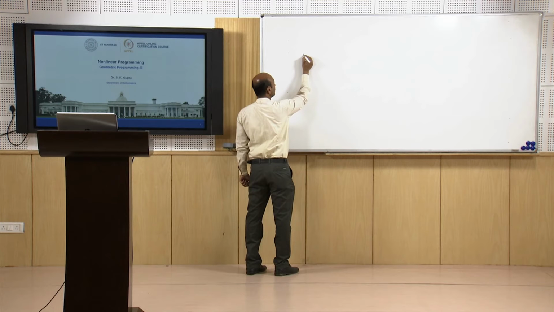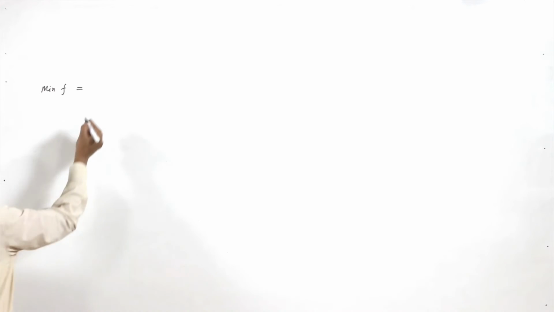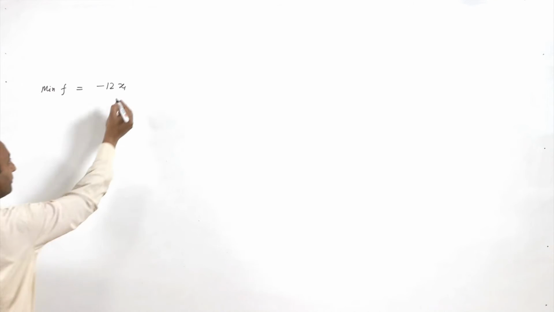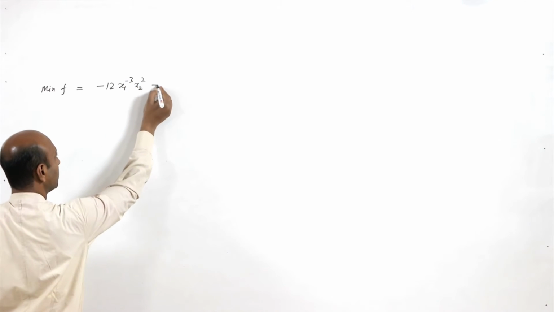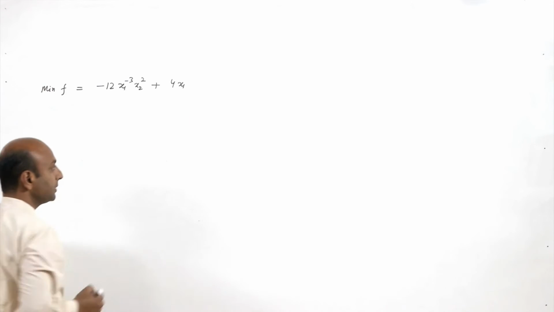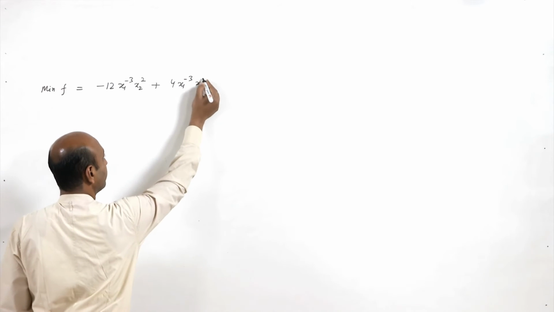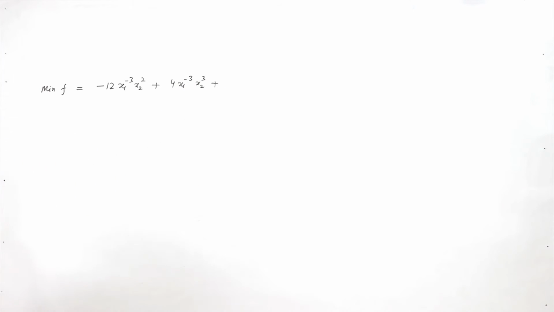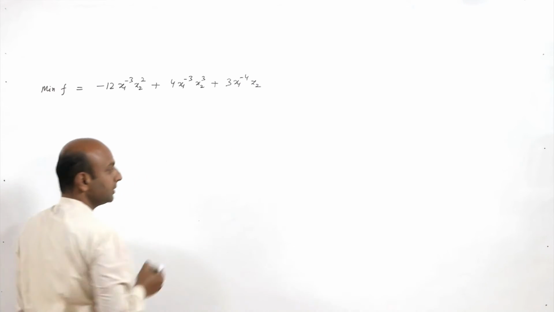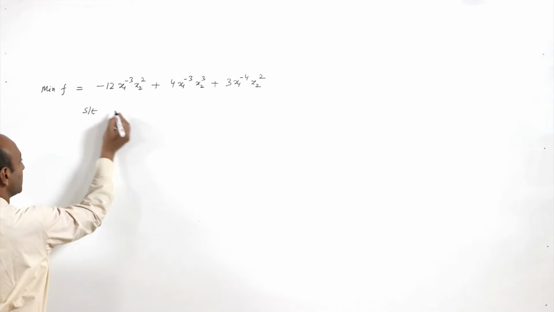This problem is minimum of f, which is equal to minus 12 x1 raised to power minus 3 x2 square plus 4 x1 raised to power minus 3 x2 cube plus 3 x1 raised to power minus 1 minus 4 x2 square, subject to x1, x2 greater than 0.